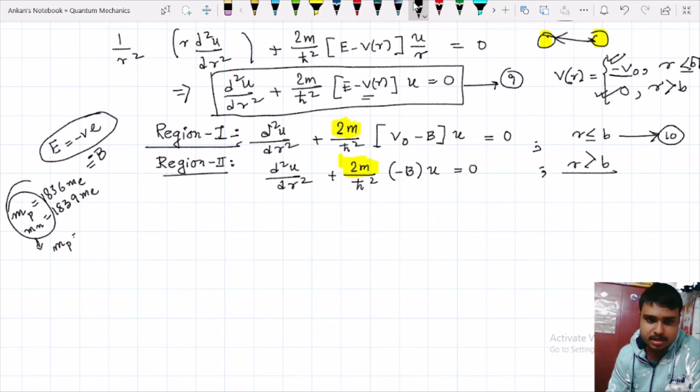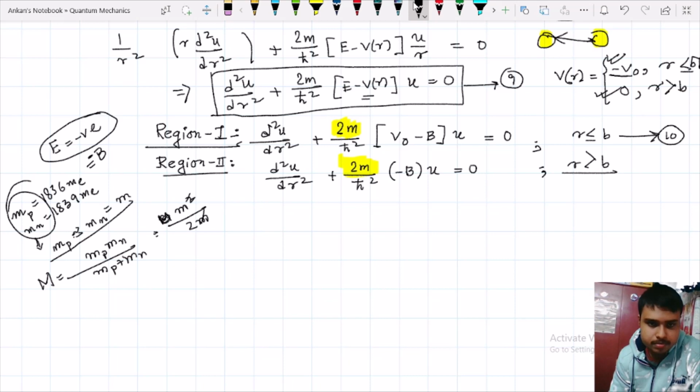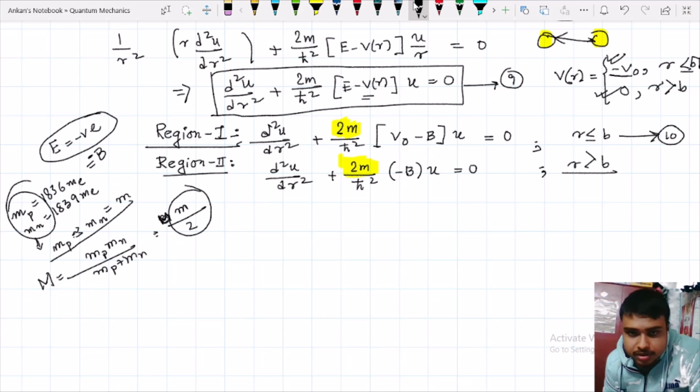Let us say Mp is nearly equal to Mn equal to M. So the reduced mass becomes capital M equals Mp Mn divided by Mp plus Mn, which is M square divided by 2M. If we do simplification on it, then we will get capital M equal to M by 2. So m should be replaced by the reduced mass capital M.